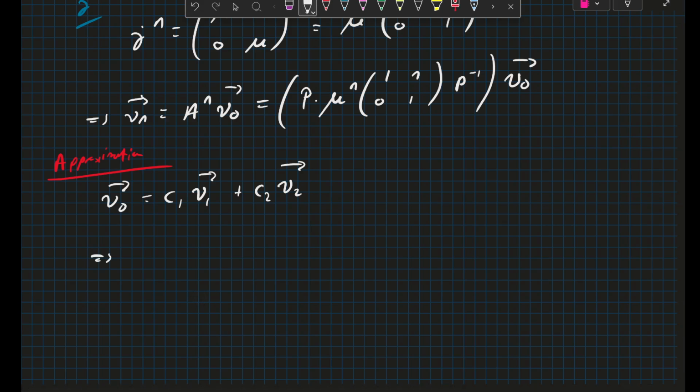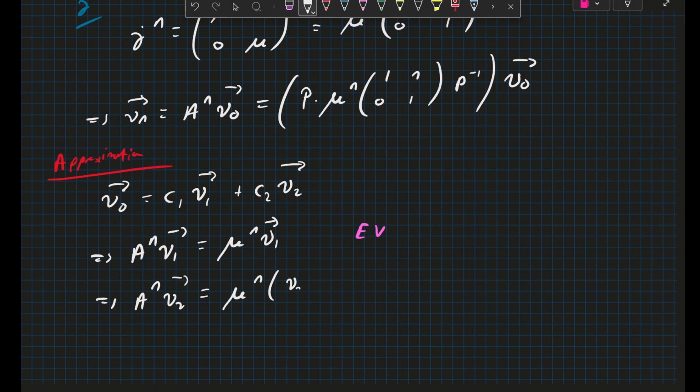So what we can observe is that when you do A to the n times v1, you're going to get mu to the n times v1. That's again from the definition of the eigenvector. And similarly, A to the n times v2 is going to get you mu to the n times our vector v2, but n amounts of v1 for the amount of times that we multiply it.